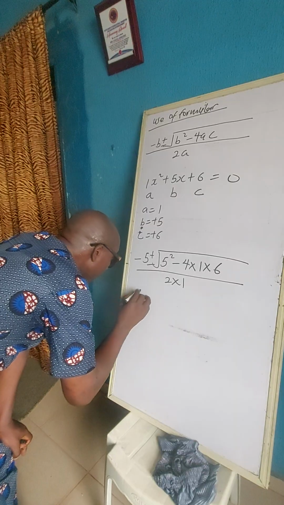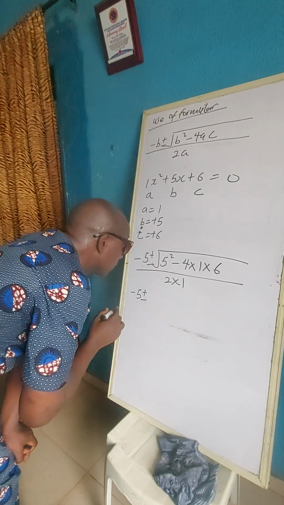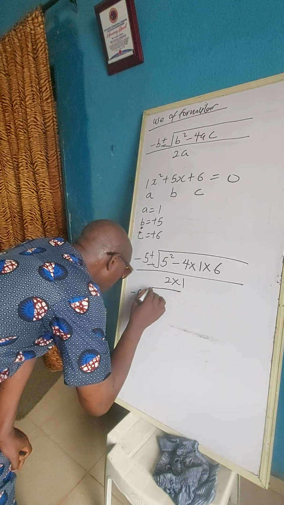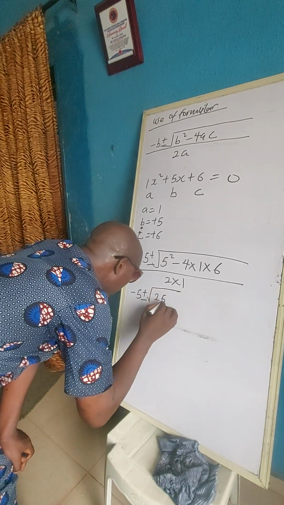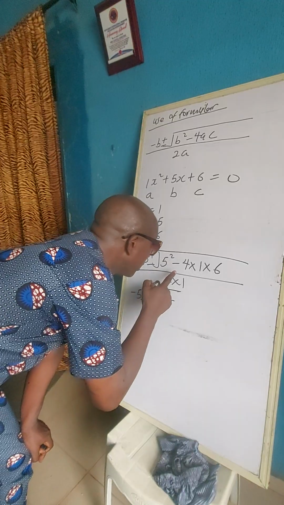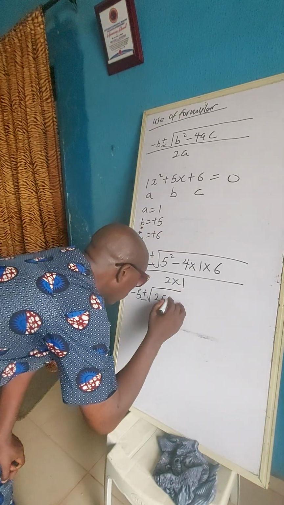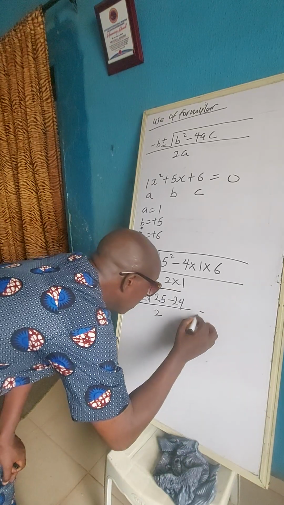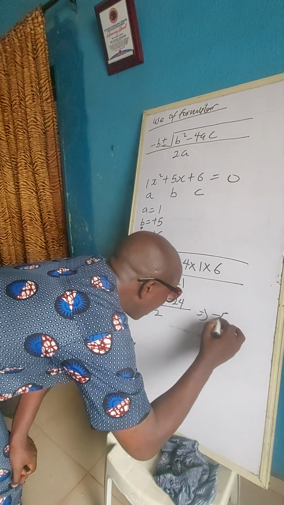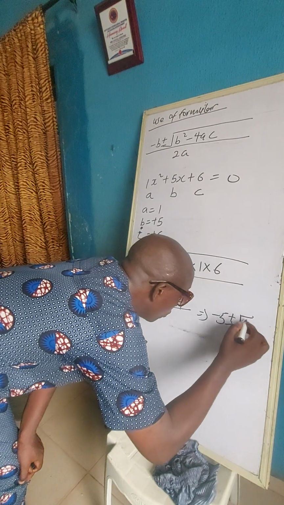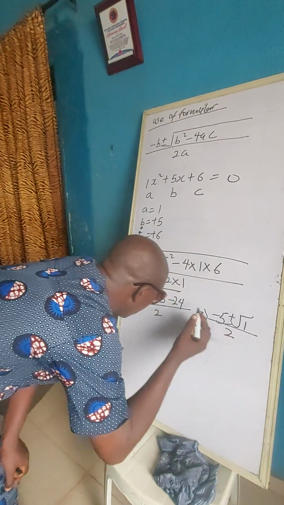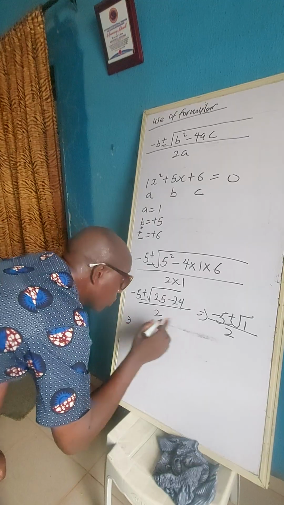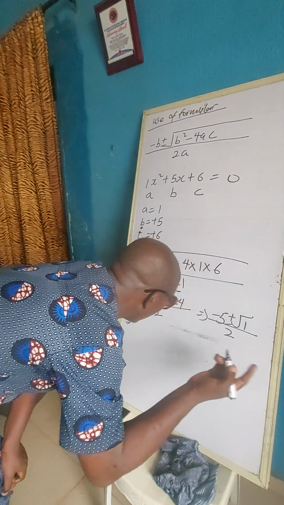Minus 5 plus or minus, 5 squared is 25. 25 minus 4 times 1 times 6, which is 24, over 2. It means minus 5 plus or minus square root of 1 over 2. Square root of 1 is also 1.